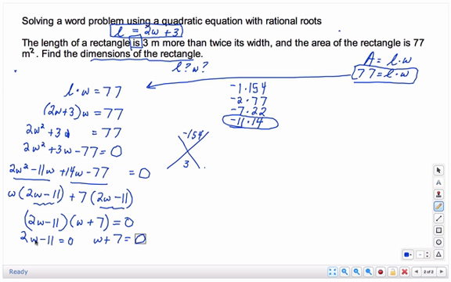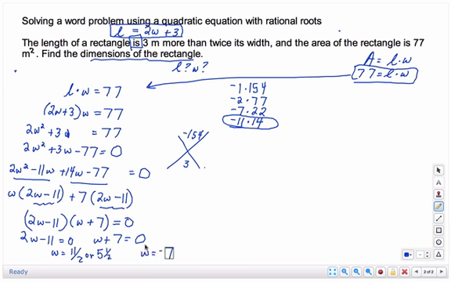Then I solve this, 2W minus 11 equals 0. I add 11 to both sides and divide both sides by 2. That gives me 11 halves, or 5 1/2. And then this one, if I subtract 7, I get W equals negative 7.